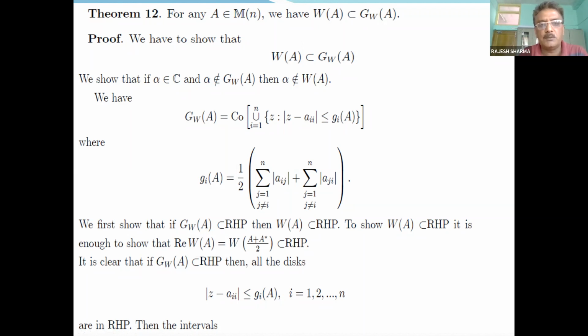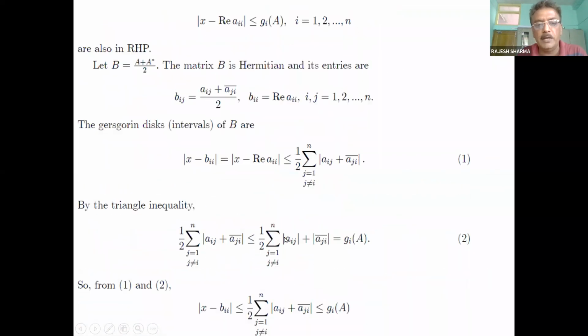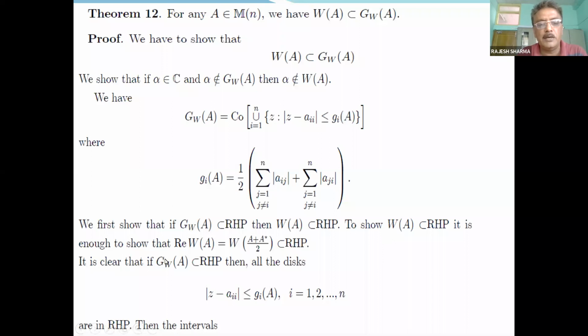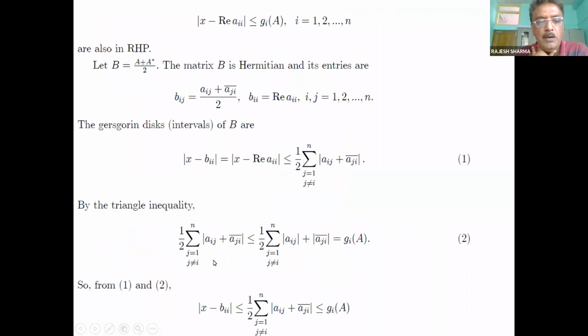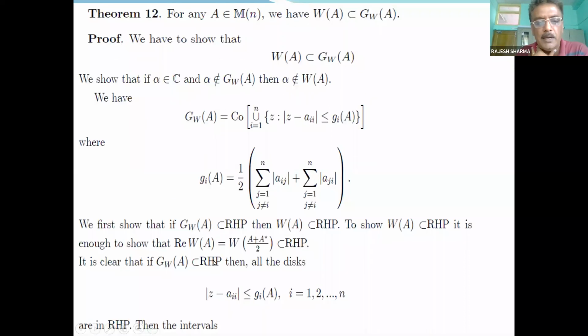Now, to show this, we first prove that if GW(A) is in the right half plane, then the numerical range is also in the right half plane. To show the numerical range is in the right half plane, we have just to show that its real part is in the right half plane, because a complex number is in the right half plane when its real part is in the right half plane.